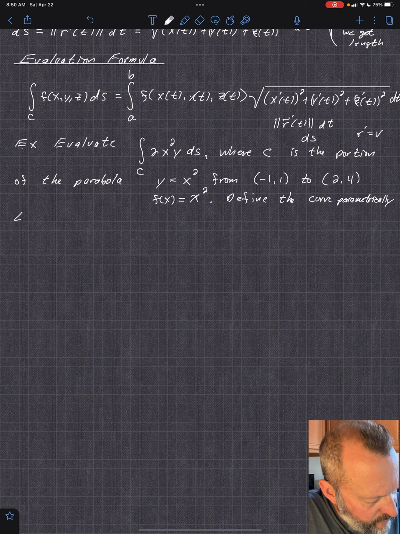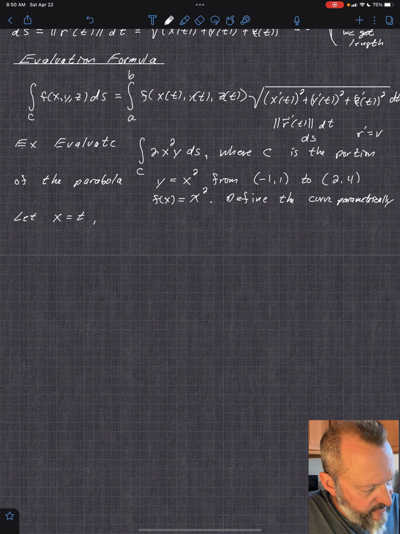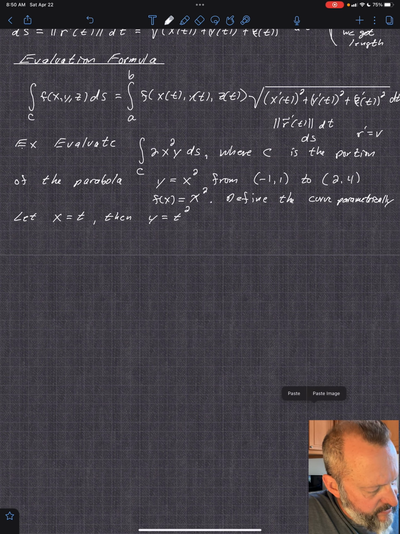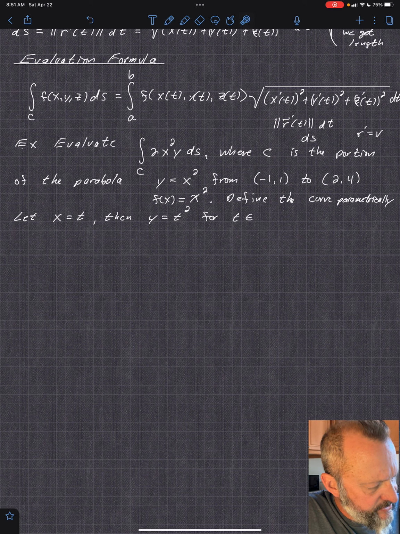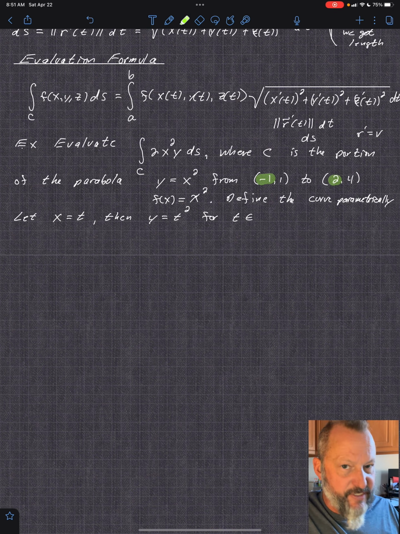So we will let x equal t, then y is equal to t squared for t in, and it has to be -1 to 2, because that's what x is.